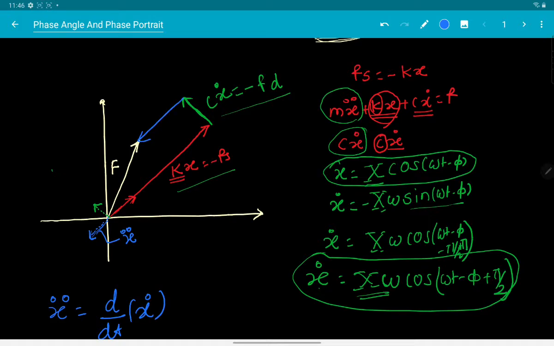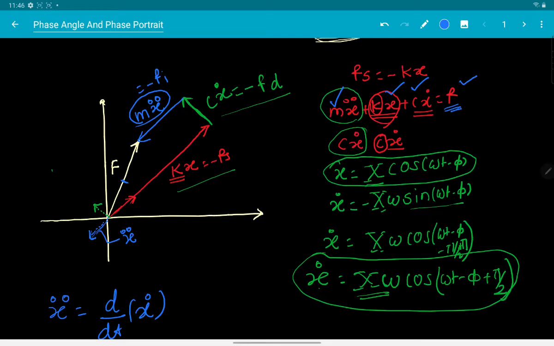And this is how we are going to complete the force polygon. m x double dot is this force, which is minus of the inertial force. So we have plotted this force, this force, and this force. This was already there, so this is that f force, which is this one.